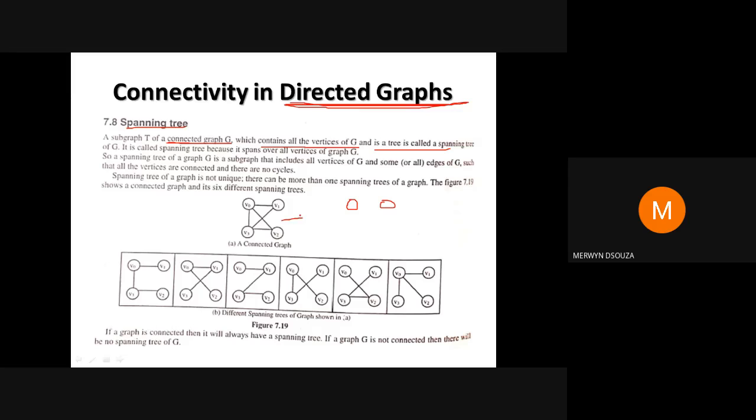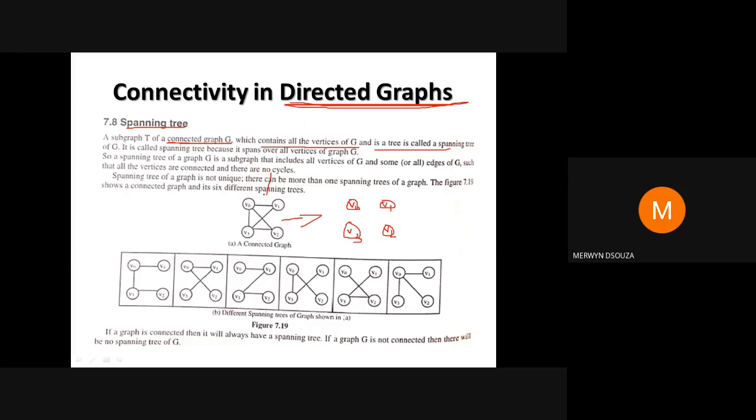Suppose you are told to draw the spanning tree for this. You just draw all these vertices in the same shape and the same number of vertices as in the original question. So you will draw V0, V1, V2, V3. Once you have drawn that, next you're going to include the edges from this one by one.